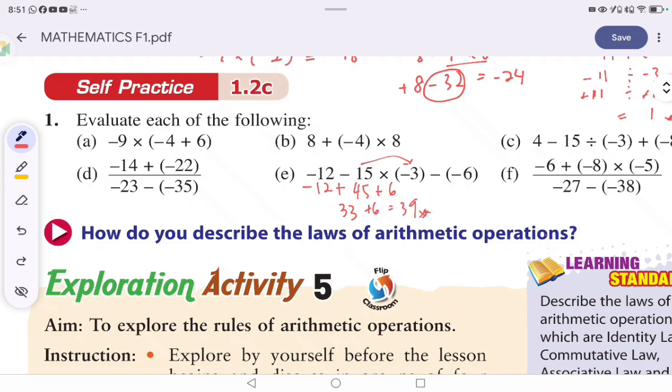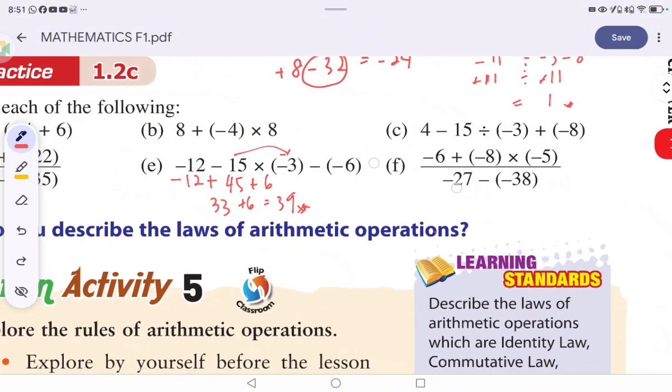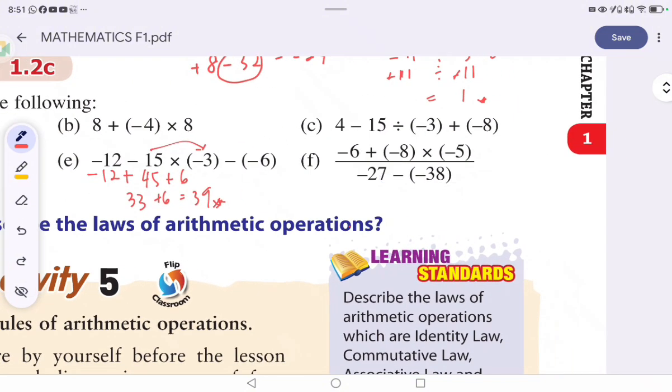Okay, now look at question F. Negative 6 minus 8 times negative 5 over negative 27 plus 38.